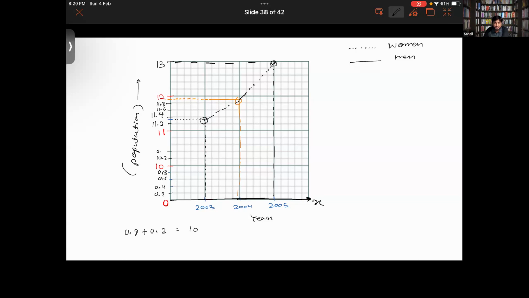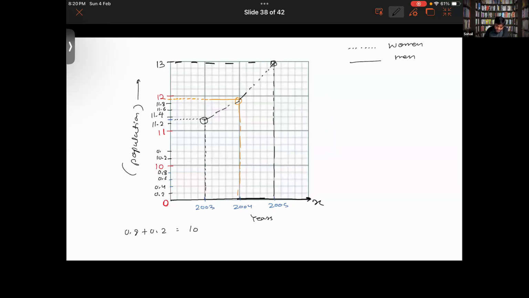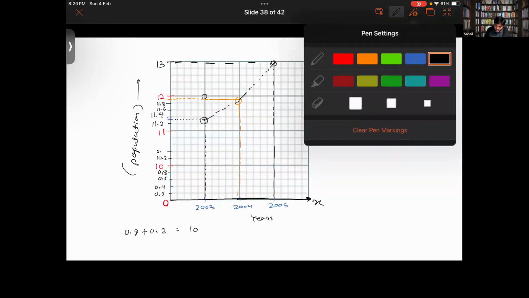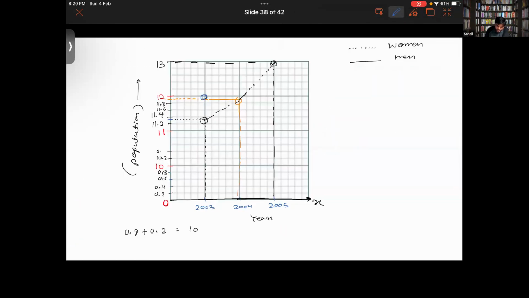Similarly, you can plot the graph for men also. So for example, in the year 2003, the population of men is 12,000. Where is 12? Let me use this one. This is 12, right? This is 12,000 population in the year 2003.